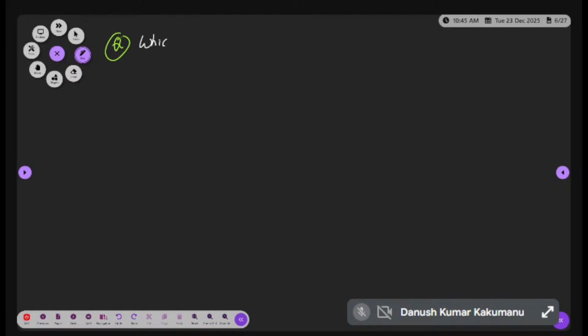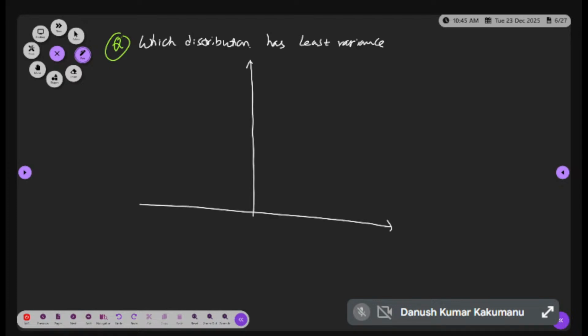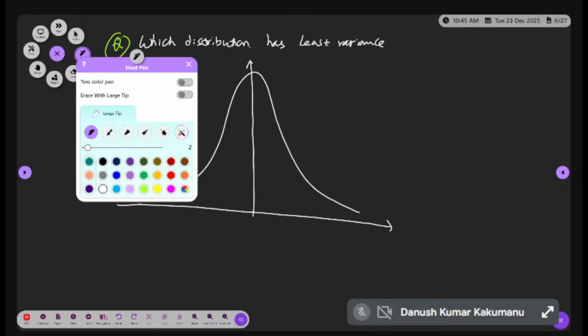Which distribution has least variance? That is our question. Which distribution has least variance? This is one graph. This is a previous GATE question only.